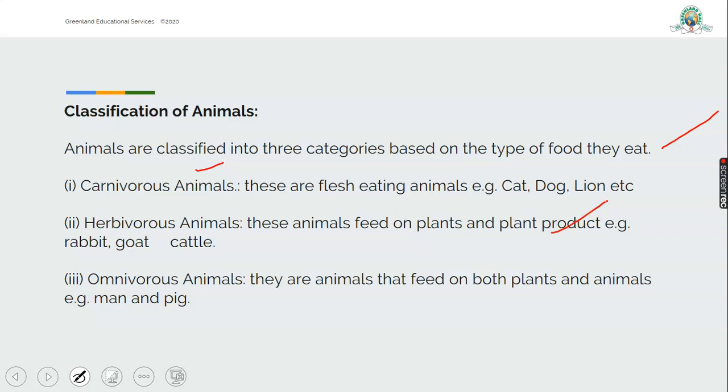Example, we have the goat, rabbit, and cattle. The third class of animal are the omnivores. Omnivorous animals are those animals that will feed on both plants and animal materials. Examples of omnivores are man and pig.